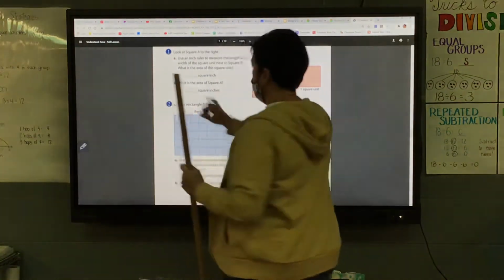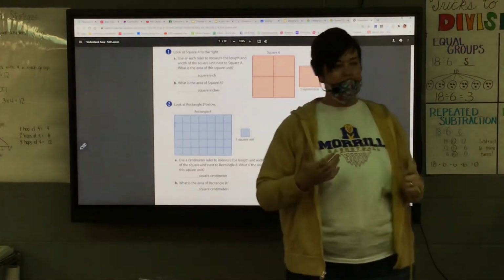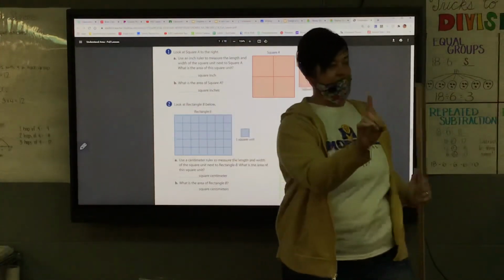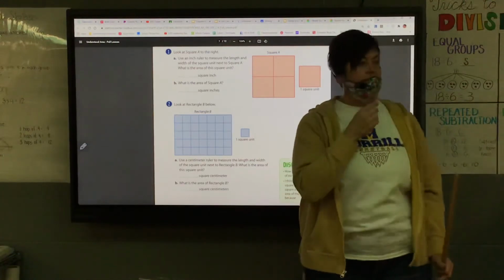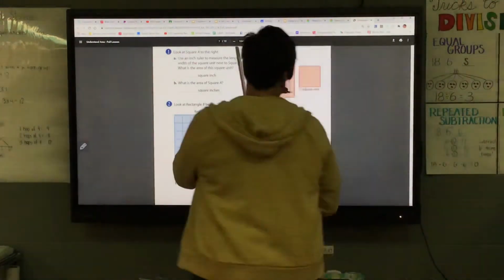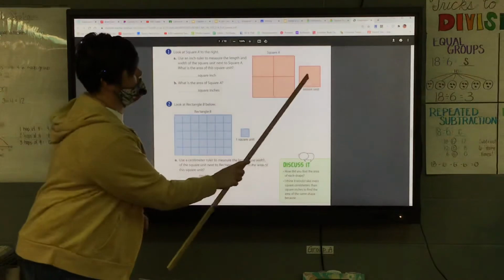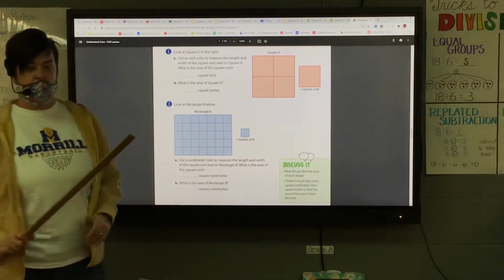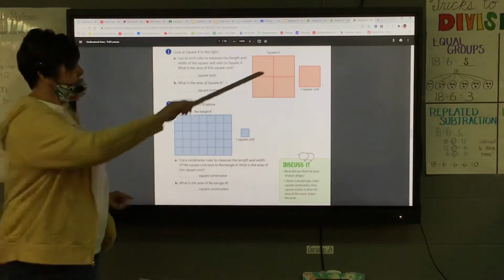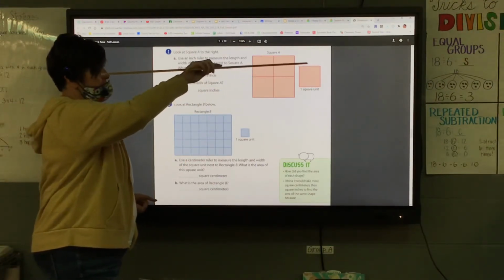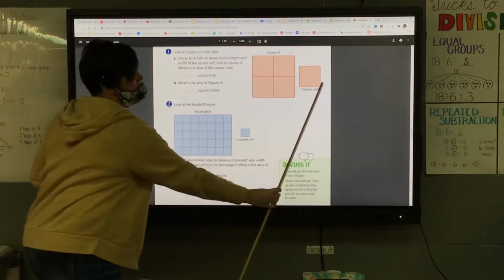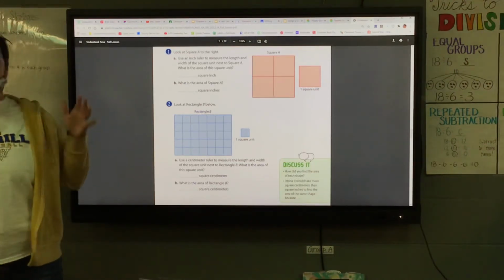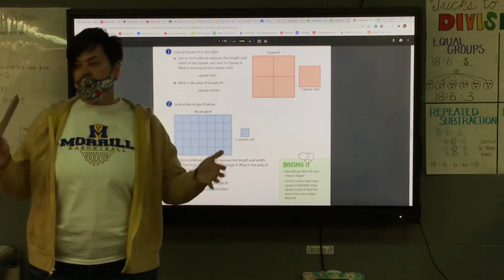So on this line, what digit are we going to write underneath part A? 1. It is 1 square inch. So if it's 1 inch here, what is it for the width? 1 inch. What would it be up here? 1 inch. What about this side? 1 inch. Right, it's a square, so all the sides are the same length.